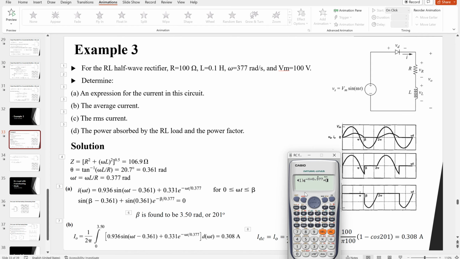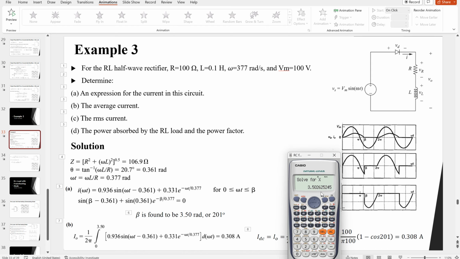Now what is the next step? Next step is that we will click on shift and solve. You can see here solve, then solve for x. What is the value of x you would like to solve for? You can press equal directly and it will give you a value, or you can press shift solve and then type a value very close to x.